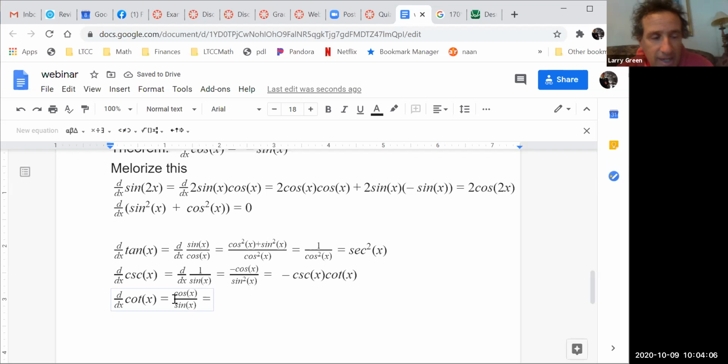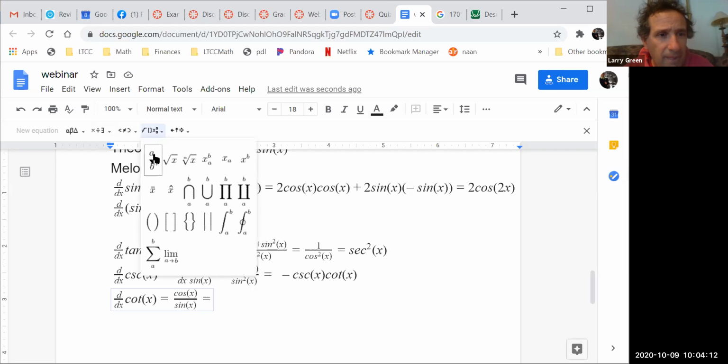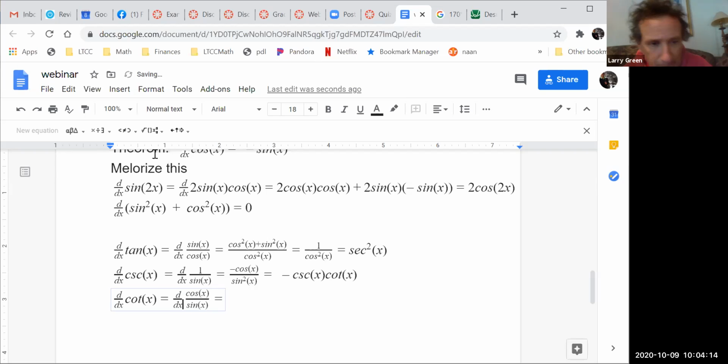And I need to go d over dx. And guess what? Quotient rule. So we say low d high minus high d low. So sine of x times negative sine of x is negative sine squared of x. And then minus high d low, cosine of x times the derivative of the sine of x, which is cosine squared of x.